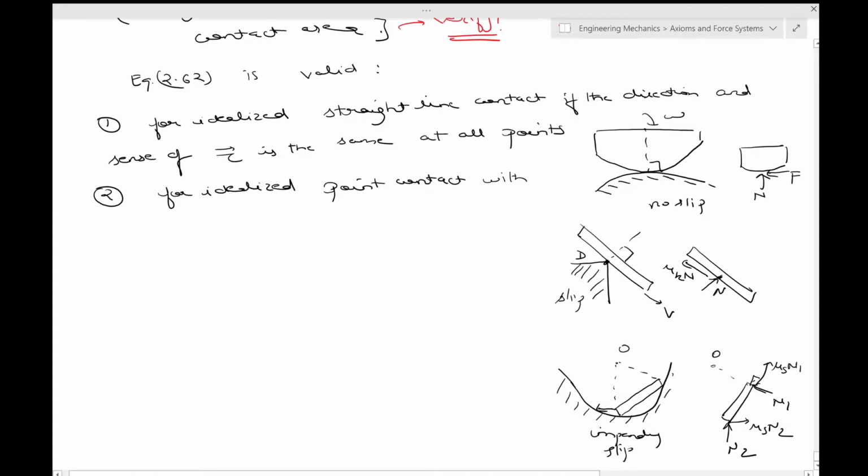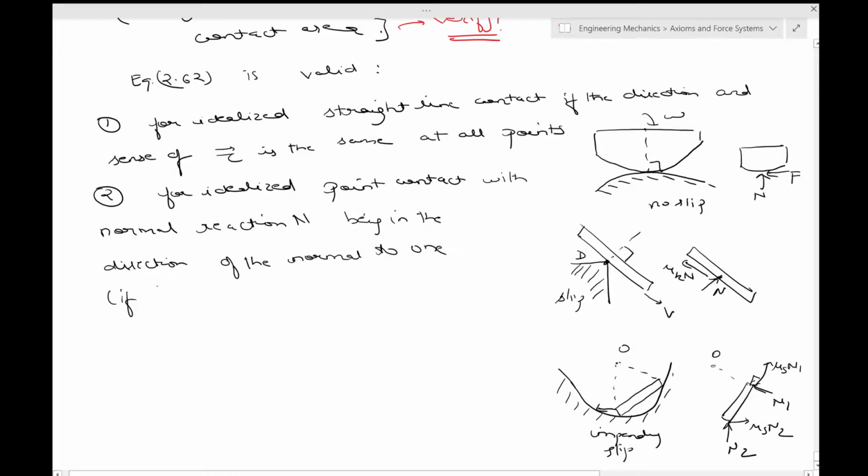So for idealized point of contact, okay, with the normal reaction n being in the direction of the normal to 1, okay, if radius of curvature of one of the surfaces is 0.